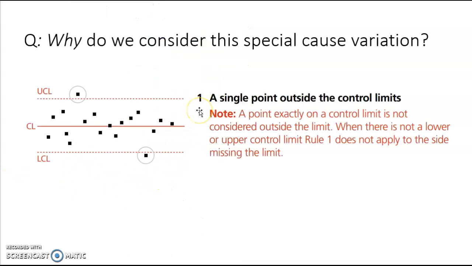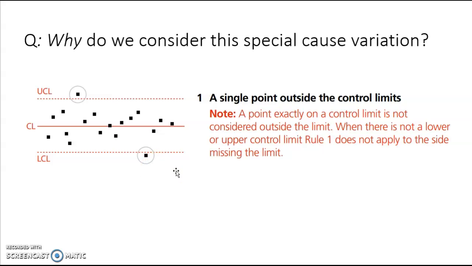So let's take a look at a couple of those rules and where they come from and their connection to the normal distribution. So this is rule number 1 from the NHS guide. If you have a single point outside the control limits, we're going to think that that's unusual. Now, it could be just random variation, but the point here is if it's random variation, that's not going to happen very often. So we kind of think that probably something's going on.